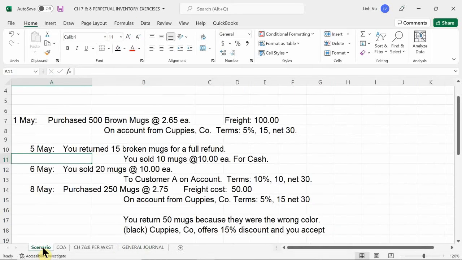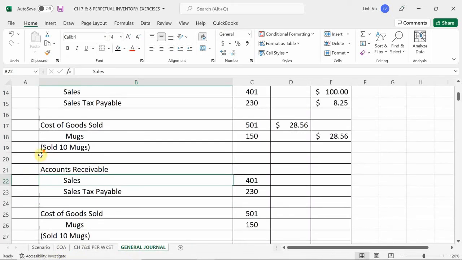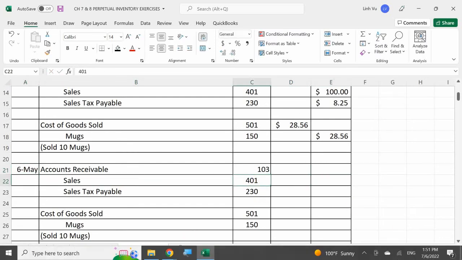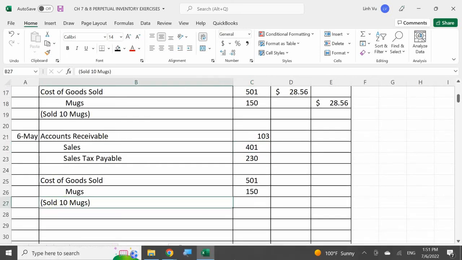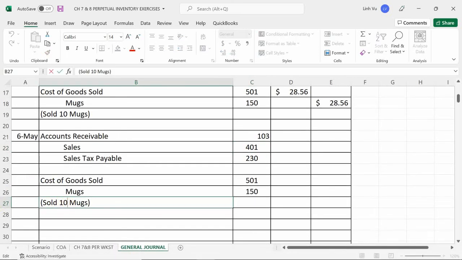Let's see. I sold to them on May 6th, and my accounts receivable account is 103. Okay. May 6th, and accounts receivable to be 103. So in this case, I sold 20 mugs this time, right?